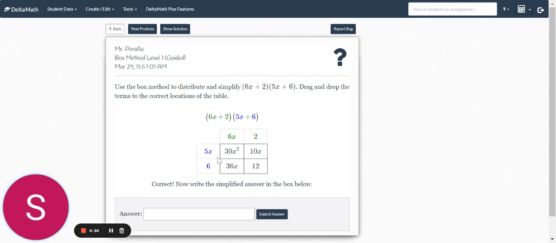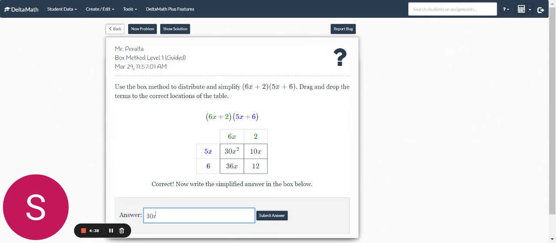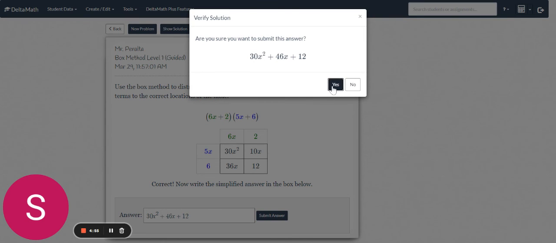So remember that this first one right here is all by itself, so I have 30x up arrow 2. And then I'm going to add these two together. 36 plus 10 is 46x. And then I'm going to bring this one down, plus 12. There's my answer. Plug it in.